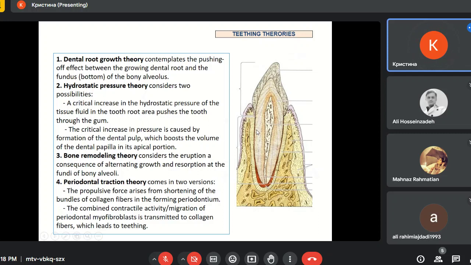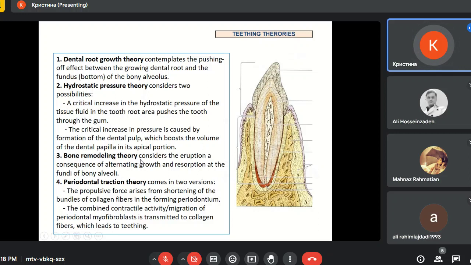So while the tooth root grows, it causes the increase of the hydrostatic pressure of the tissue in the root of the tooth, and this pressure pushes the tooth away from the bony socket.